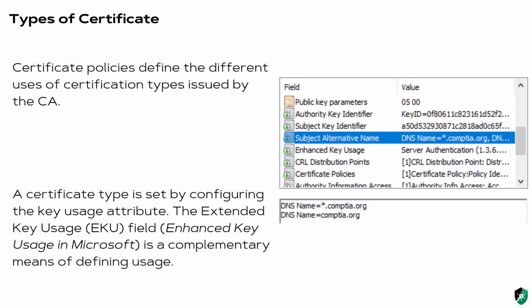You will see just below the subject alternative name, we have the enhanced key usage field, and the value right there is what? Server authentication. So we know that this particular certificate is used for authenticating the server. Now, because this image was taken from Microsoft, the field there is called the enhanced key usage.